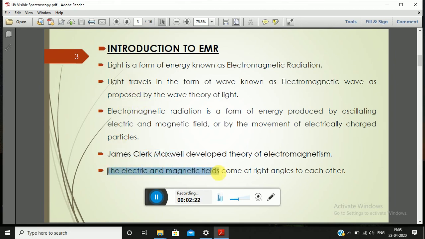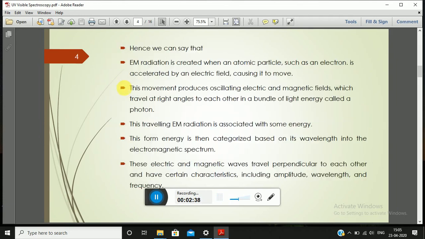The electric and magnetic fields formed in electromagnetic radiation are at right angles to each other, meaning they propagate at a right angle with respect to each other. Hence, electromagnetic radiation is created when an atomic particle, such as an electron, is accelerated by an electrical field.